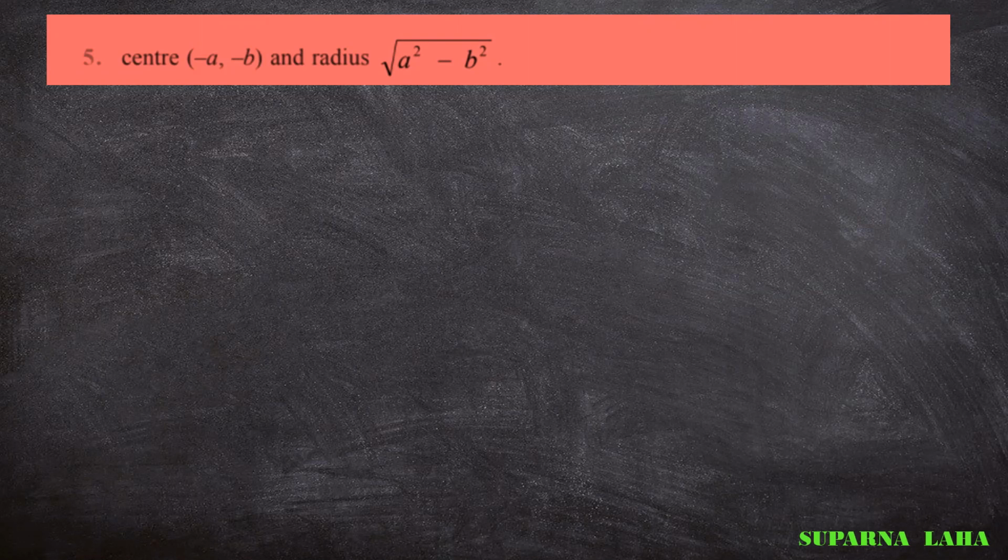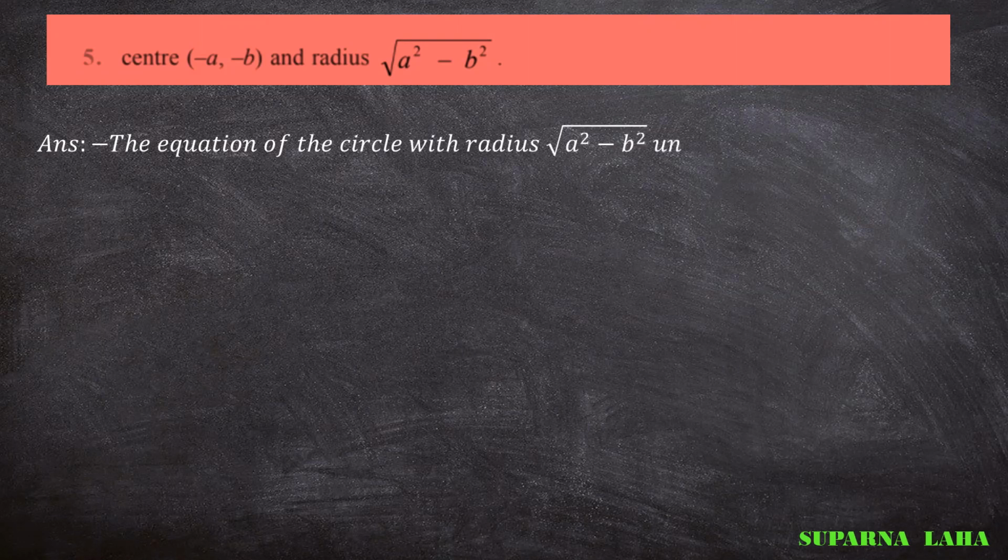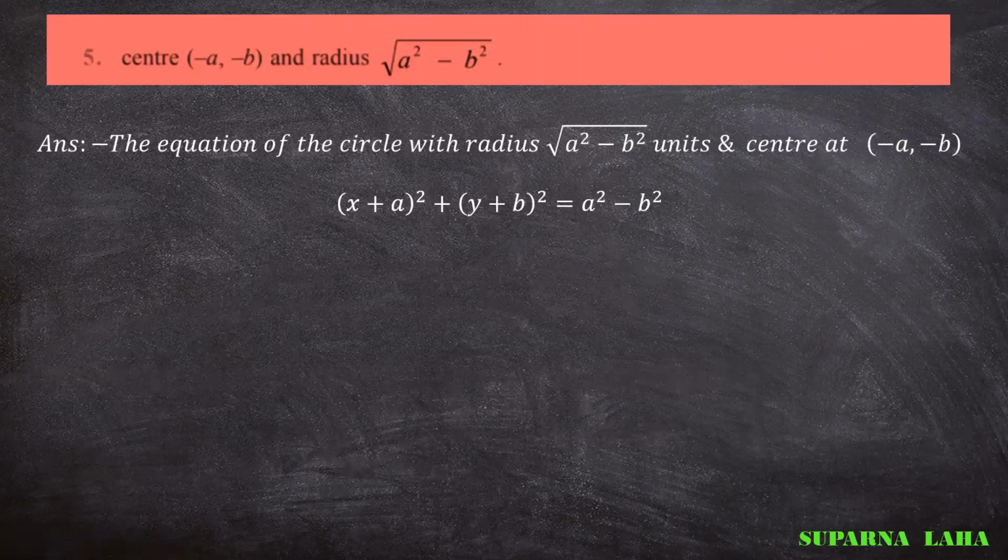Center is given (minus a, minus b) and the radius is given, under root a square minus b square. So the standard equation of the circle we will use, that is (x minus alpha) the whole square plus (y minus beta) the whole square is equal to r square. So ultimately the equation will be (x plus a) the whole square plus (y plus b) the whole square is equal to (root of a square minus b square) the whole square, that is only a square minus b square.